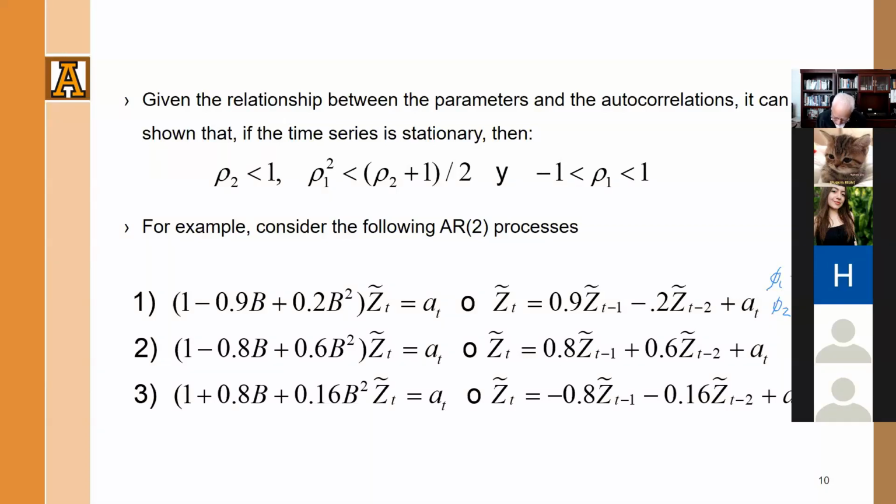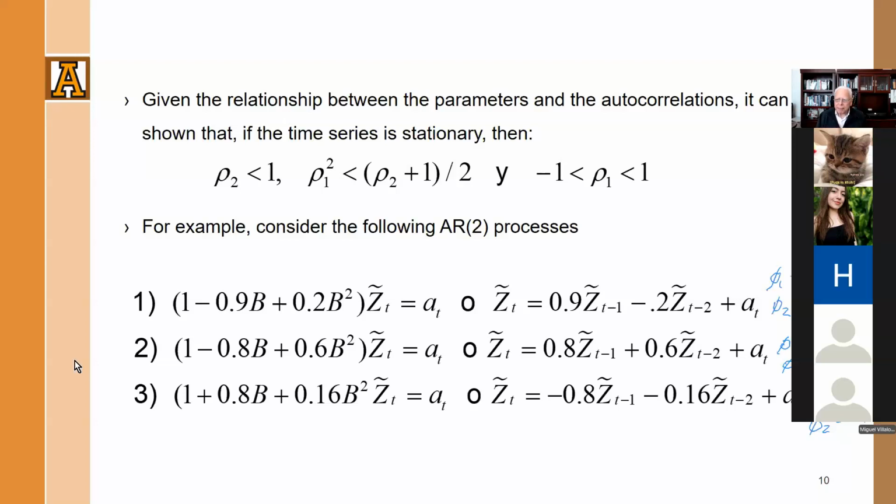In this second case, phi1 is equal to 0.8, and phi2 is equal to minus 0.6. And in this last case, phi1 is equal to minus 0.8, and phi2 is equal to minus 0.16.